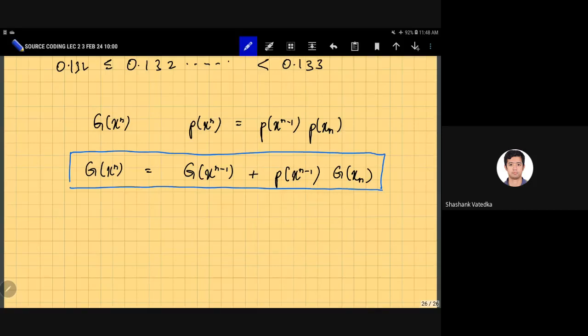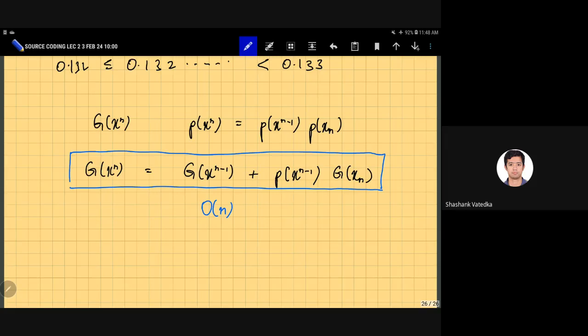So if we use this recursion, then basically if we assume that it takes unit time to compute each step of the recursion, then to compute g of x^n, we just need time which grows with n, right? So we still have just linear time. So g of x^n can be computed in time order n, right? p of x^n can also be computed in time order n.